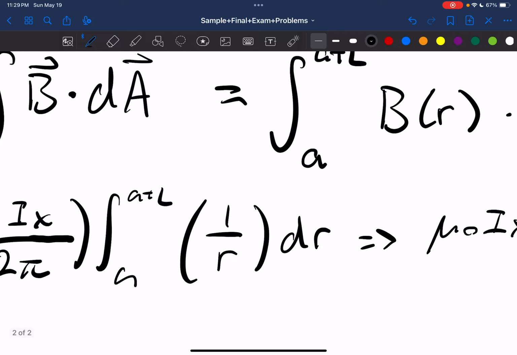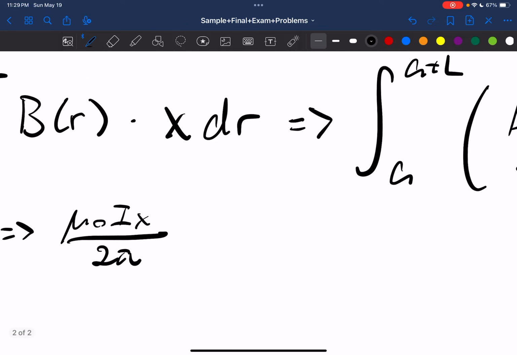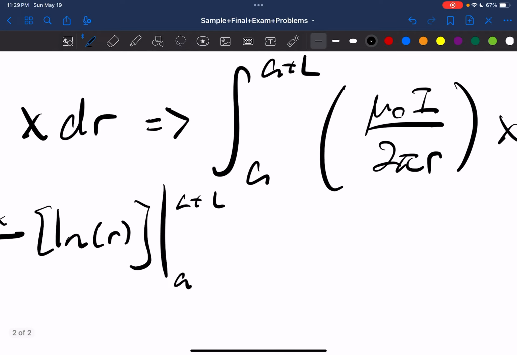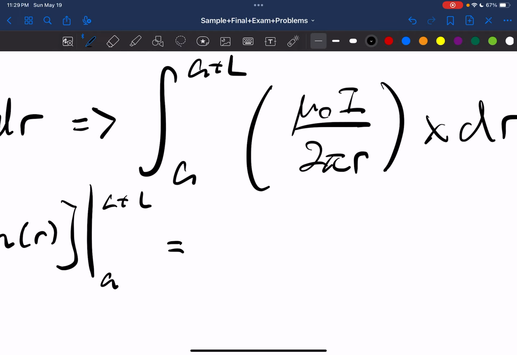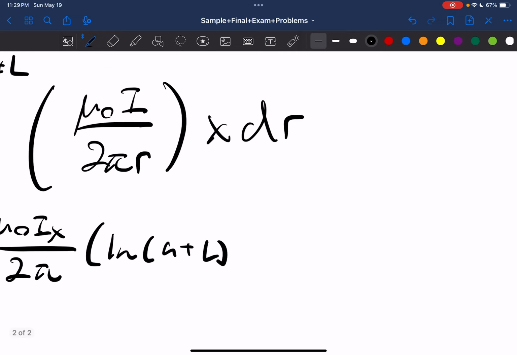Mu naught I x over 2 pi equals ln of r, of integral, oh, not integral, we already did that, so then that moves on to I x over 2 pi, and according to the integral, we're going to simplify this to ln of a plus L minus ln of a.